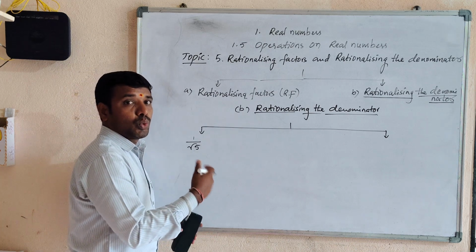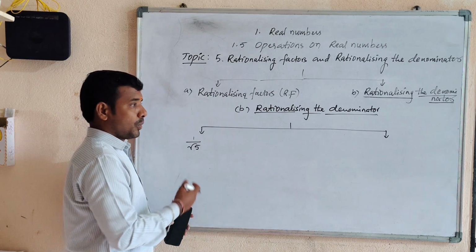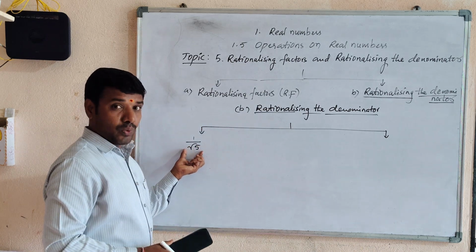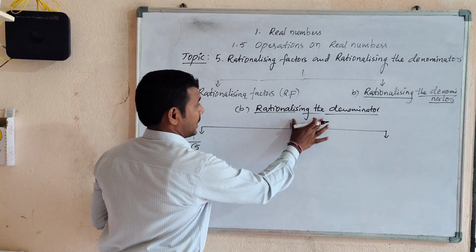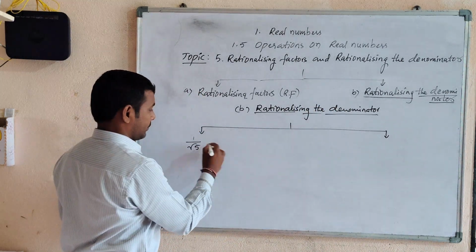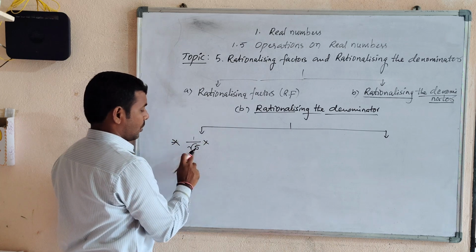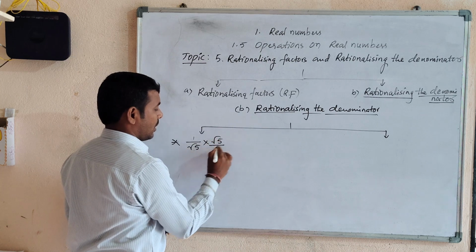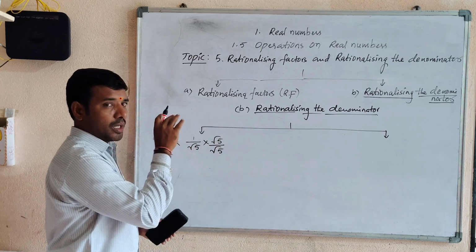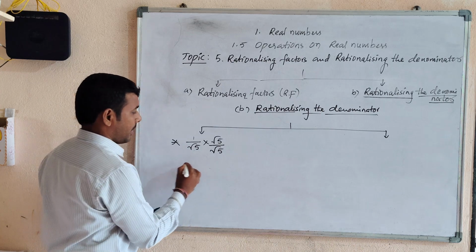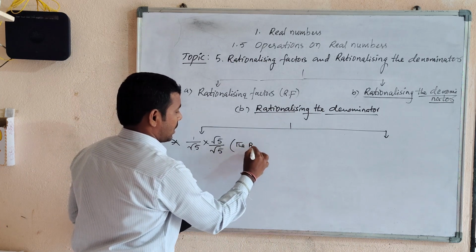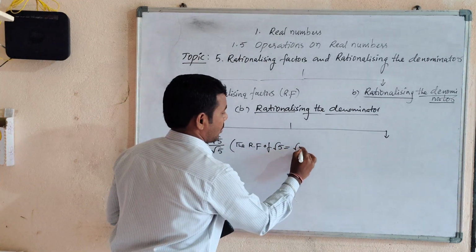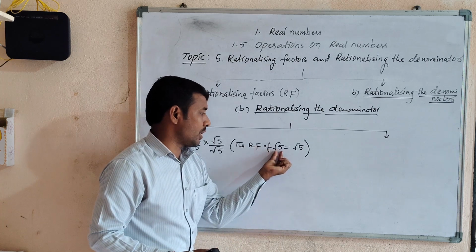To overcome those problems, to represent on the number line as well as to find its value, we have to rationalize the denominator. Now, the rationalizing factor of square root of 5 is square root of 5. You multiply numerator and denominator by it. The important thing is that I am taking the least rationalizing factor of square root of 5.